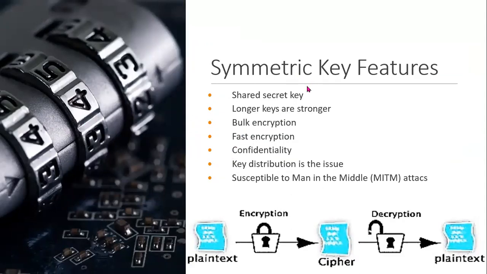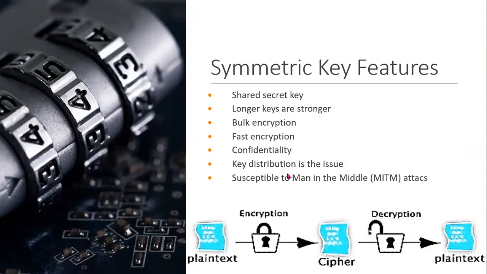So as I've said, with symmetric encryption, we've got a shared secret key that goes with the message. Longer keys are stronger. It can encrypt in bulk and it's fast to encrypt and decrypt.